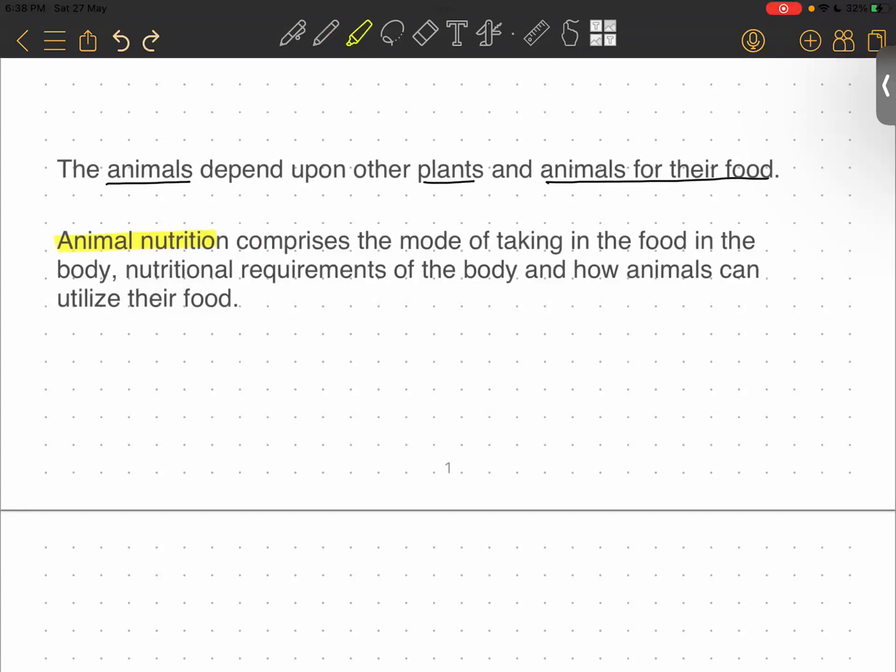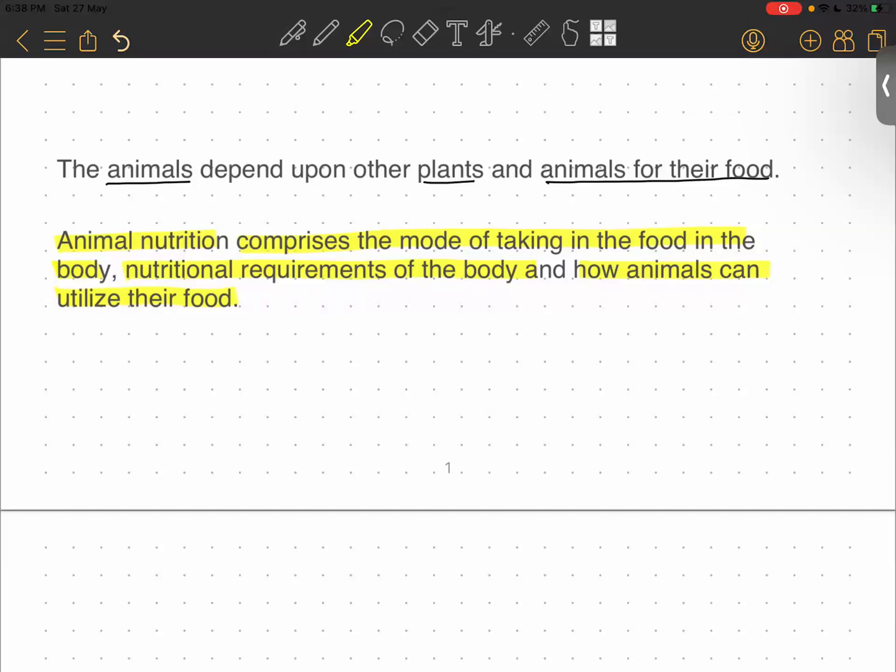Animal nutrition comprises the mode of taking food into the body, how the body gets its nutritional requirements from that food, and how animals utilize their food.